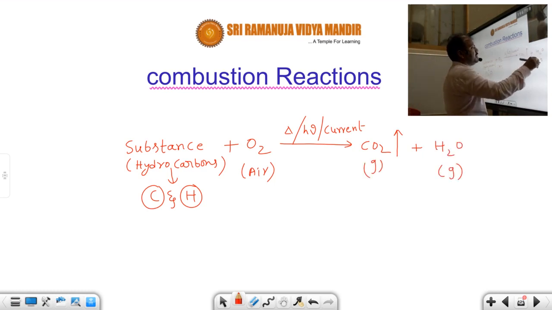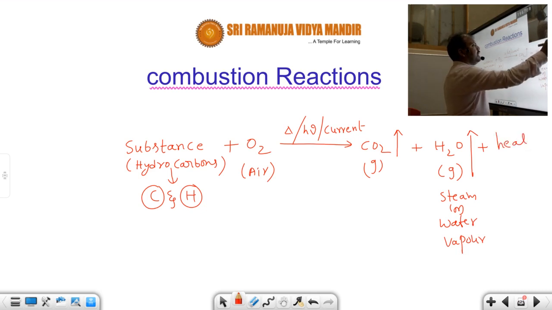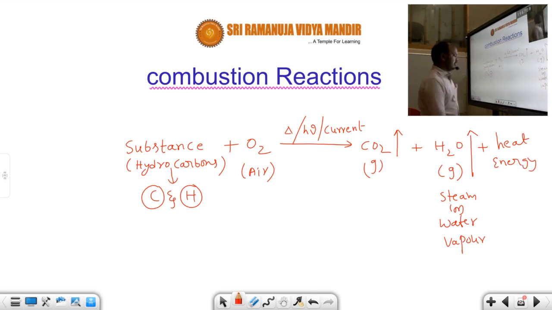The H2O which is present in gaseous state, that is called water vapor or steam. Steam or water vapor, and also produces large amount of heat energy. This reaction is said to be combustion reaction.